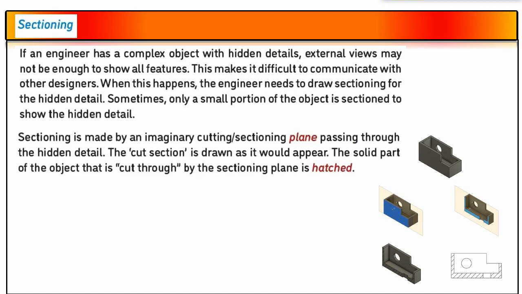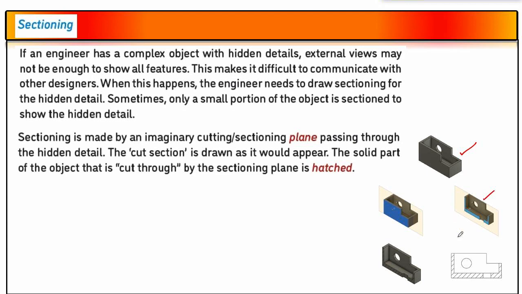If an engineer has a complex object with hidden details, external views may not be enough to show all these features. This makes it difficult to communicate with other designers. On the bottom right of this slide, you can see an example of an object. This object has been sliced horizontally, and the result of it is right here.